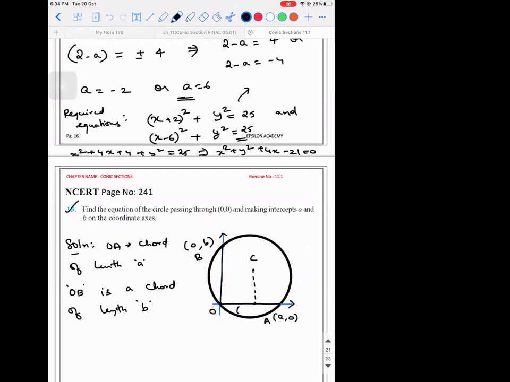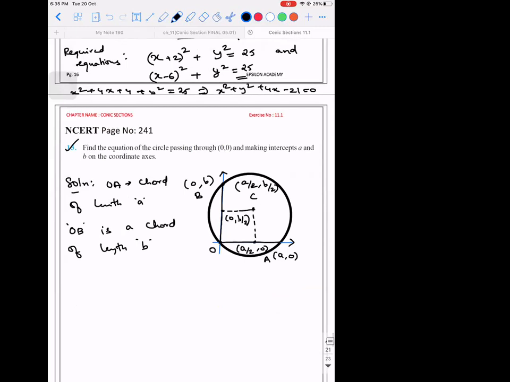So what will be the coordinate of this point? It will be a by 2 comma 0 because it is on the x-axis. Similarly, when you drop a perpendicular from here, this point will be 0 comma b by 2. So when you take these two, what will be the center of the circle, guys? It will be a by 2 comma b by 2.